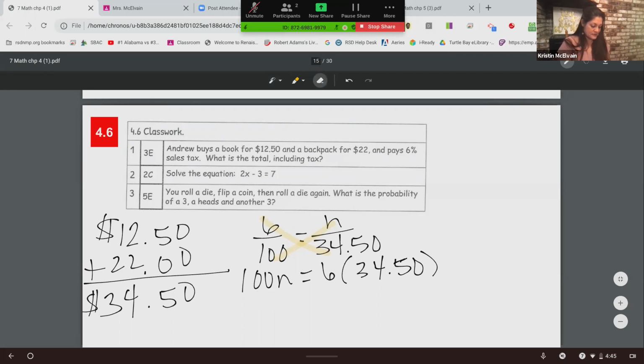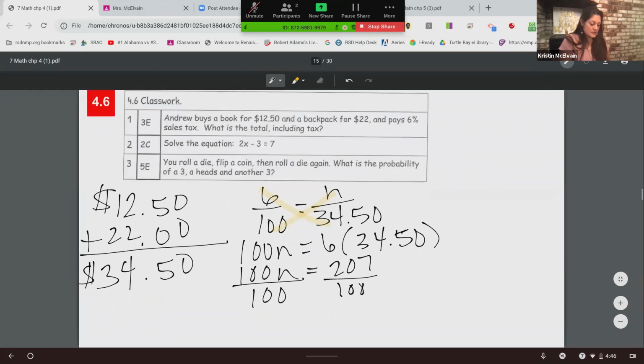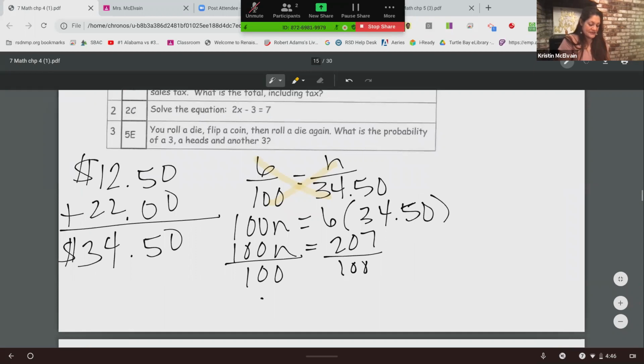All right, so we have 100n equals 207 divided by 100. And that gives us n equals $2.07.